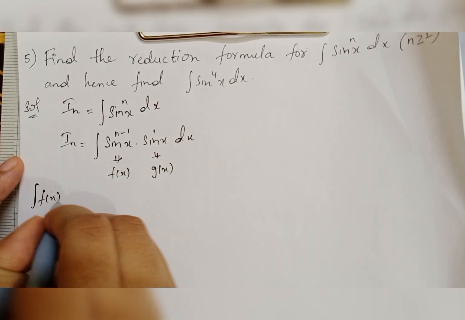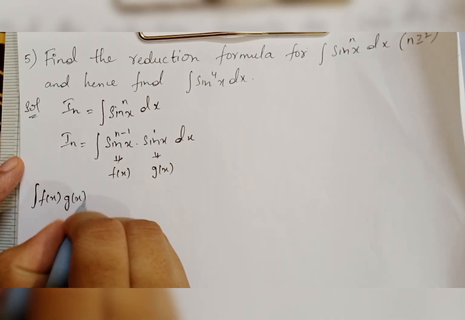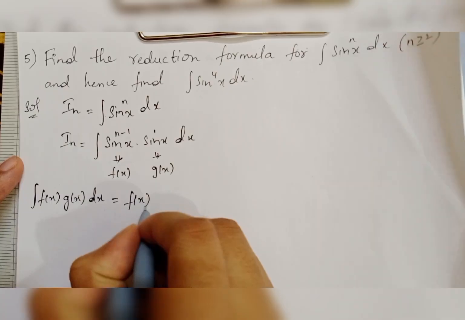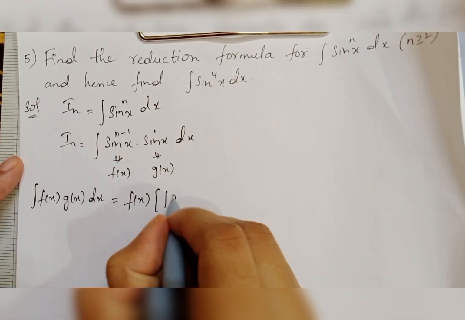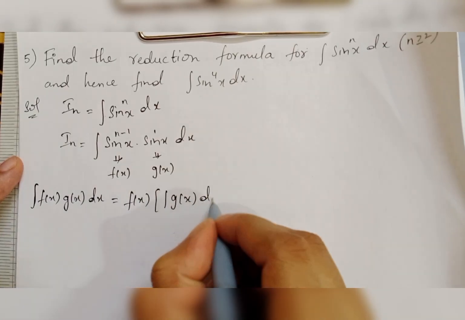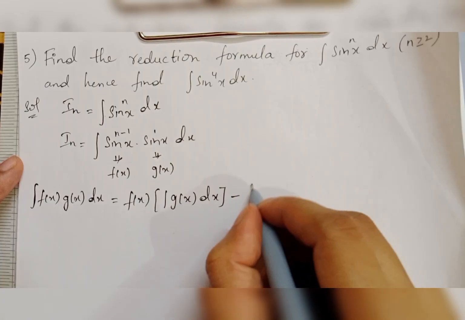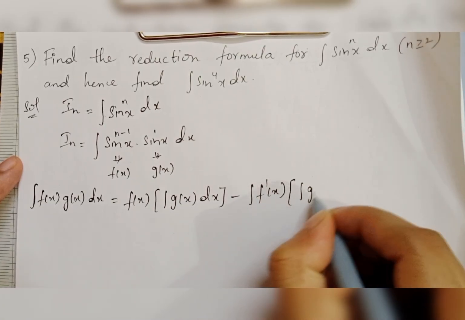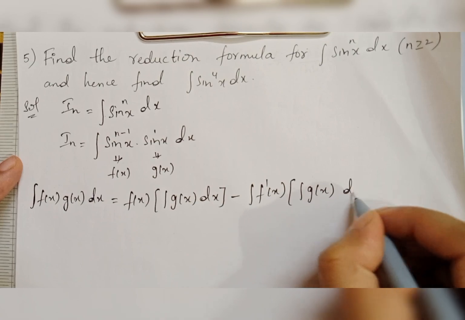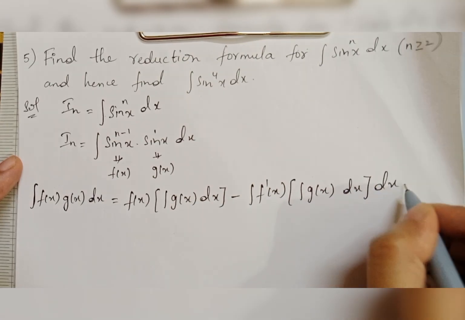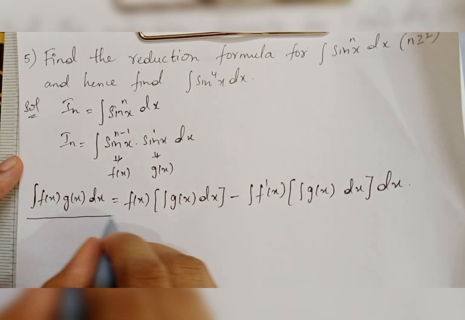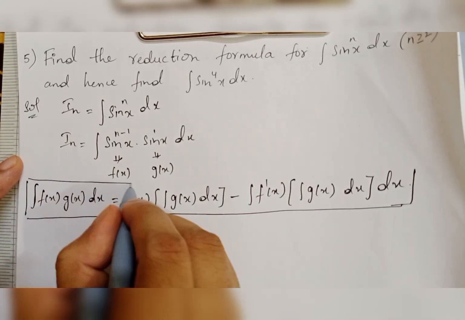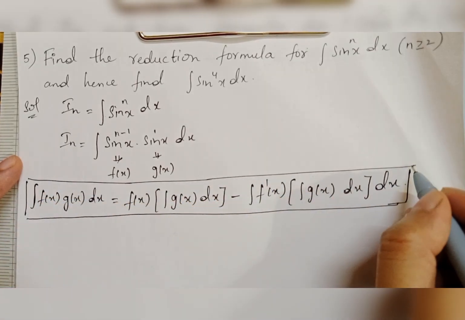Integral of f of x into g of x dx is equal to f of x into integral g of x dx minus integral of f dash of x into integral g of x dx, whole dx. This is the formula for the integration by parts method. This formula is used to solve this question.